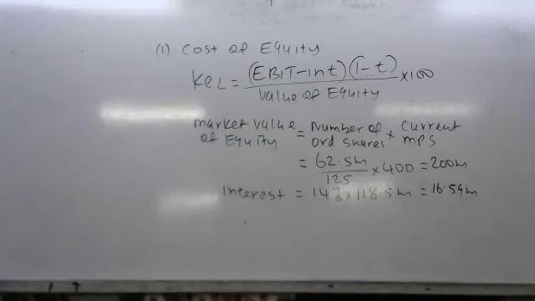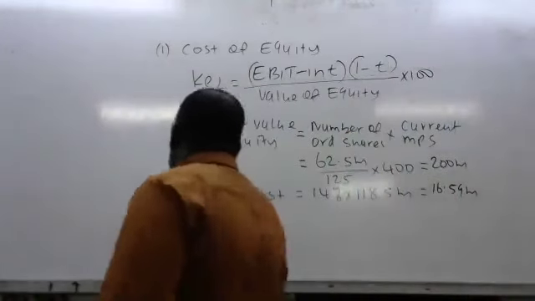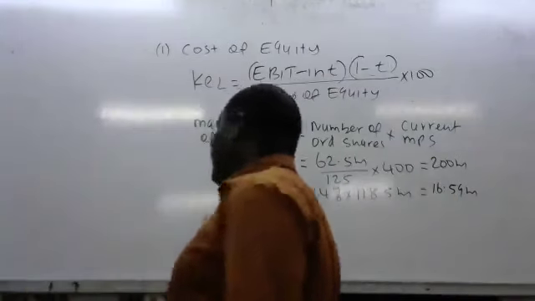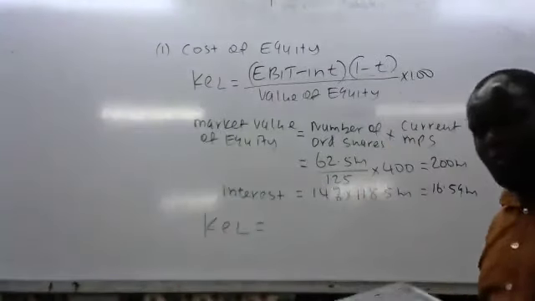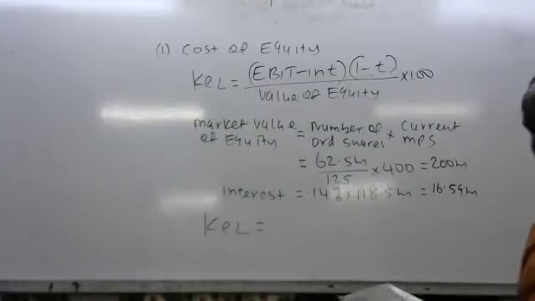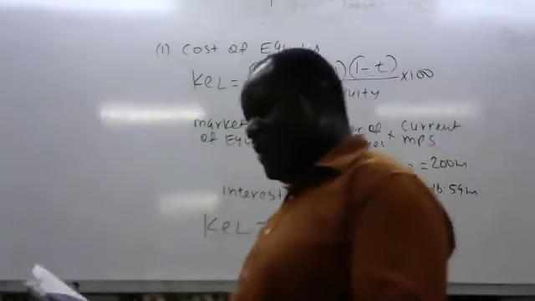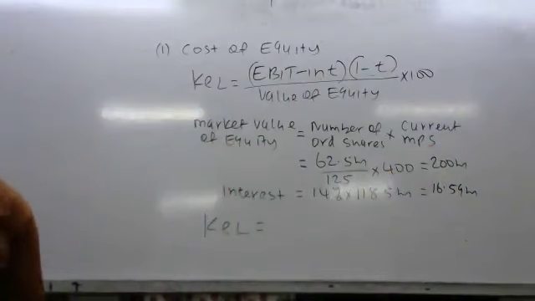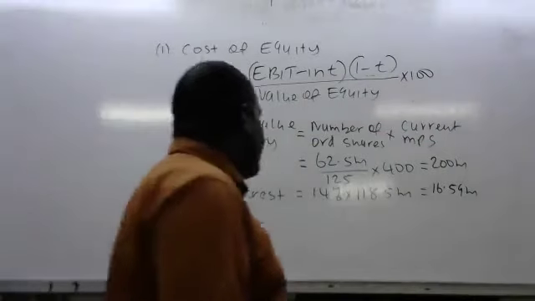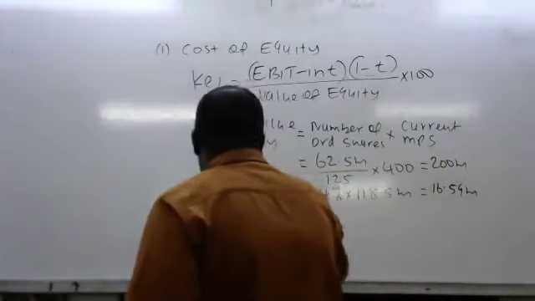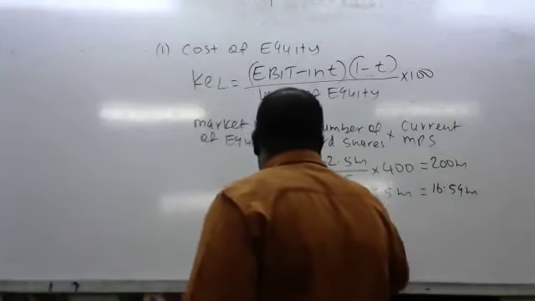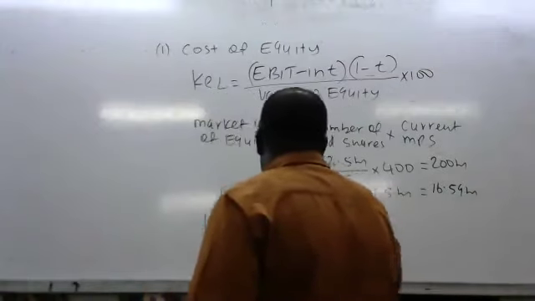Now from those workings, we can compute our KEL. In note number 1, you are given earnings before interest and tax, which is 75 million. So you take the 75 million, subtract 16.59 million.